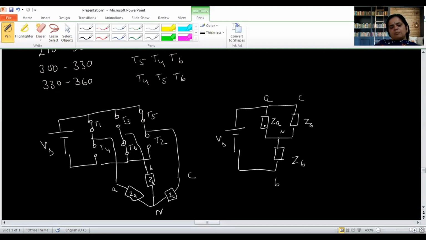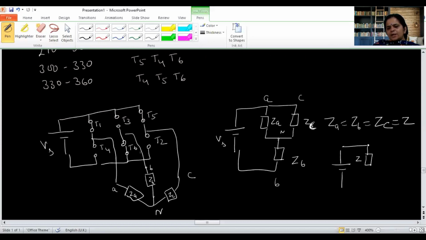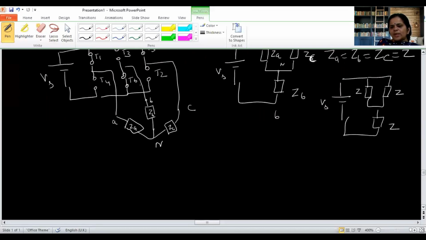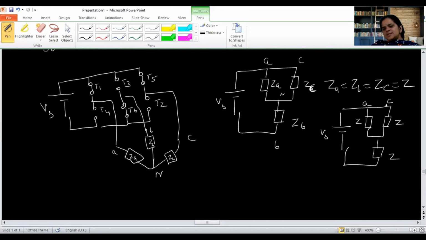So this VS voltage is connected like this. Now these two impedances are in parallel and in series with this one. For a balanced load, ZA, ZB and ZC are each equal to Z. So this is A, this is C, this is B, and this point is the neutral point.